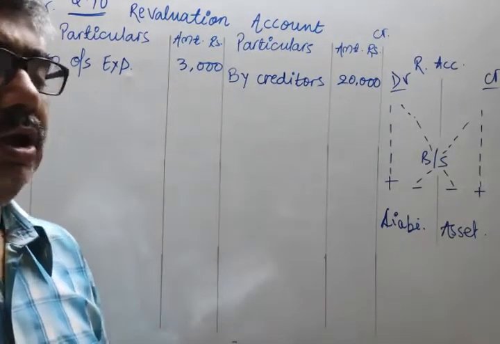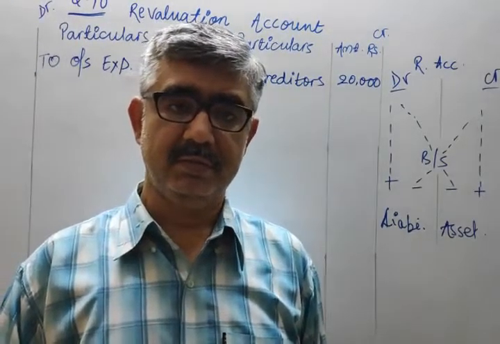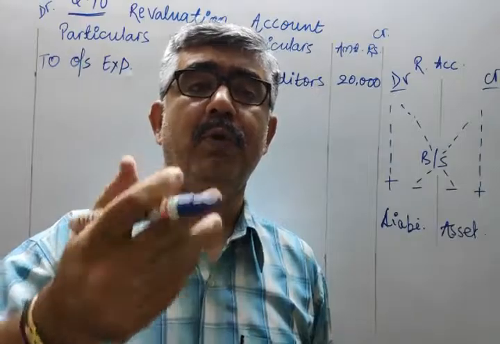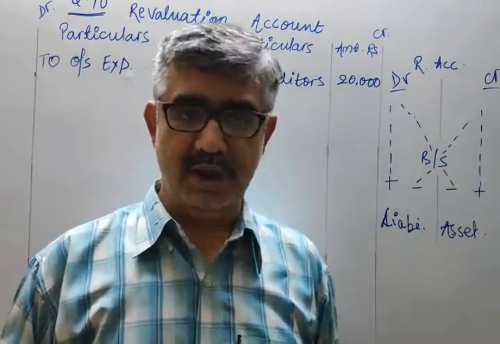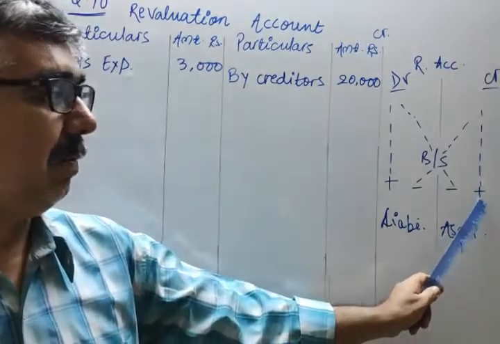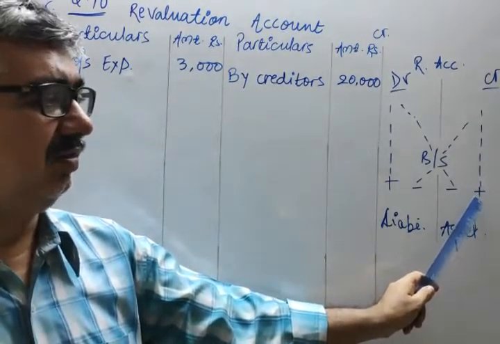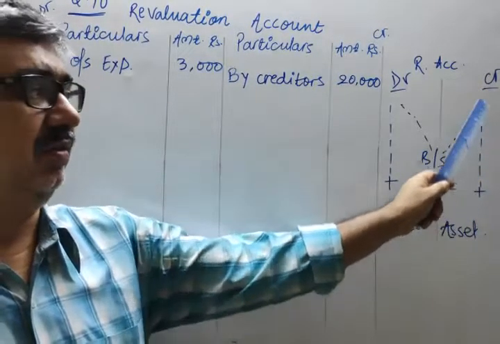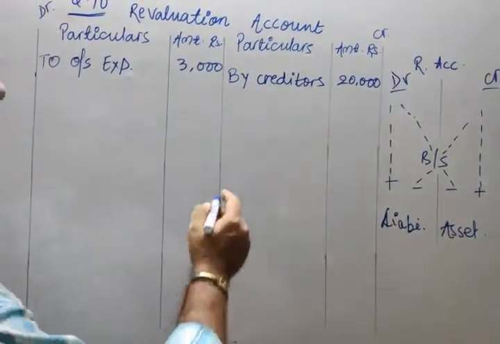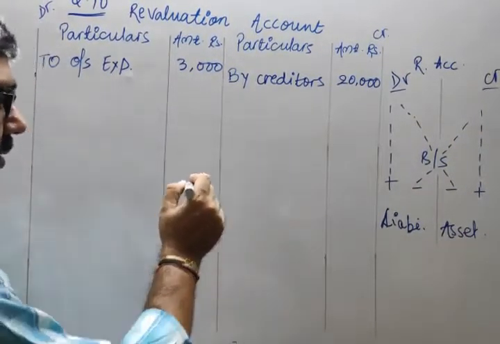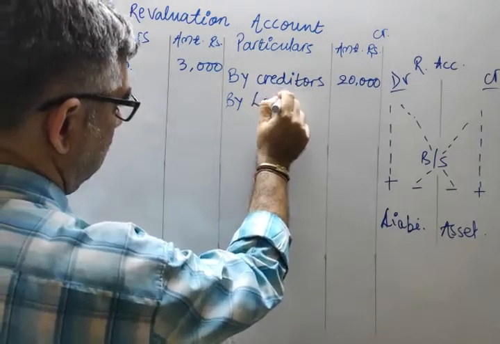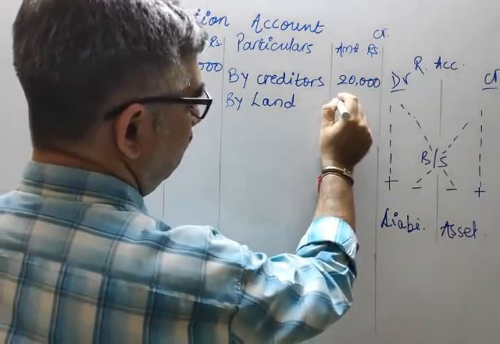And they said up to 2,50,000. 1,80,000 is given, and up to 2,50,000 you have to increase. Again, increase. Plus on asset side, straight, because it is a benefit for us. Should be on credit side. Okay? By land. How much?